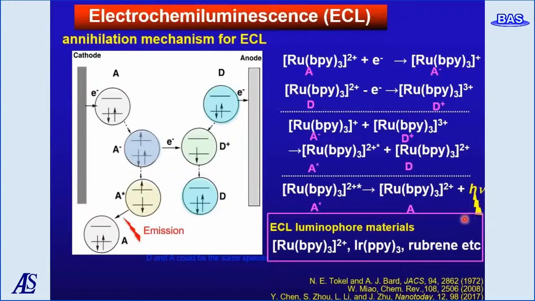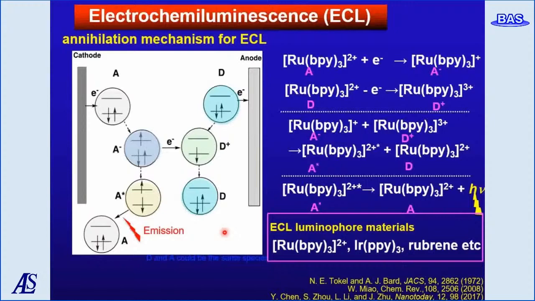When an electric potential is applied, it is common to alternate the polarity of the electrode so that oxidized and reduced species are generated near the electrode to increase the collision probability.